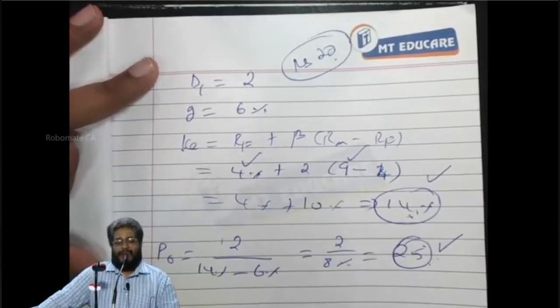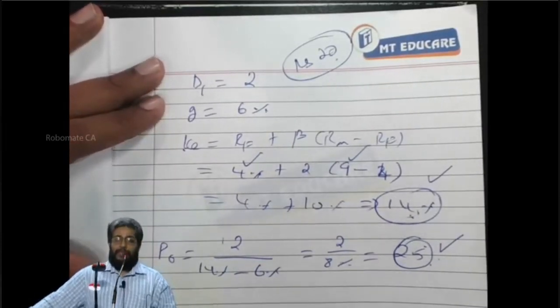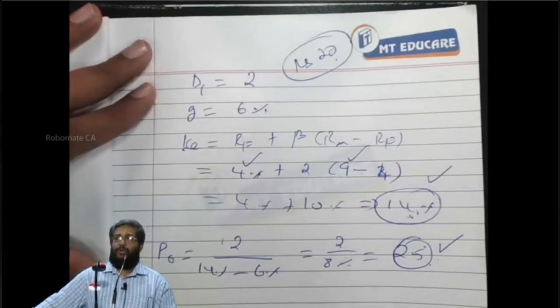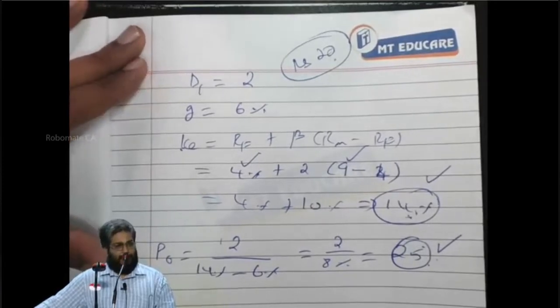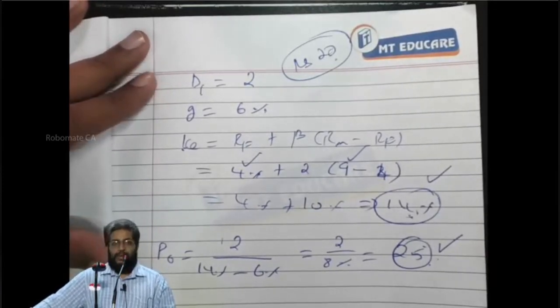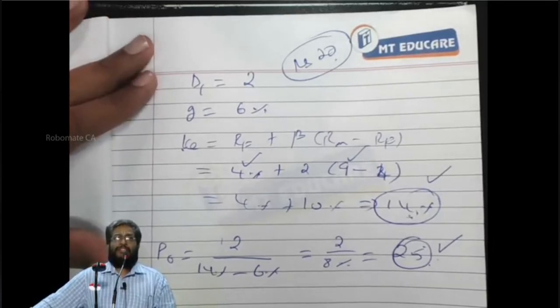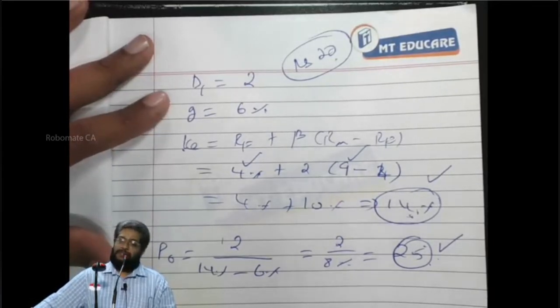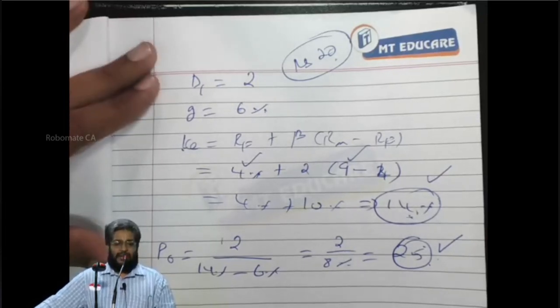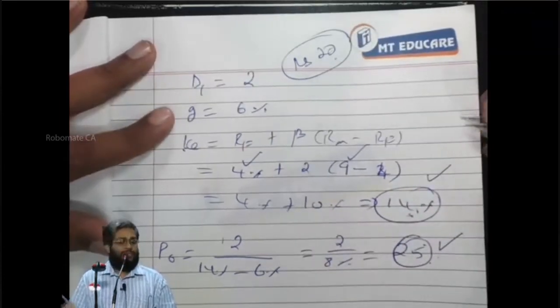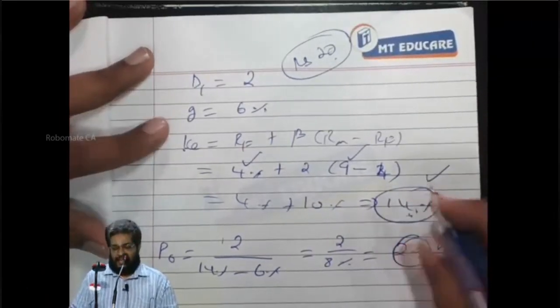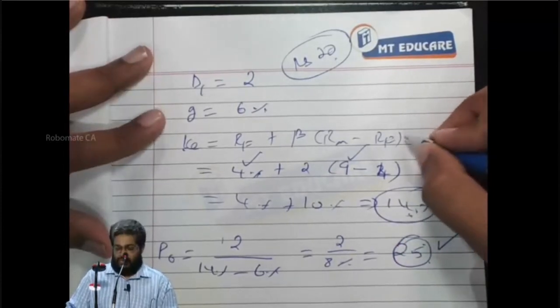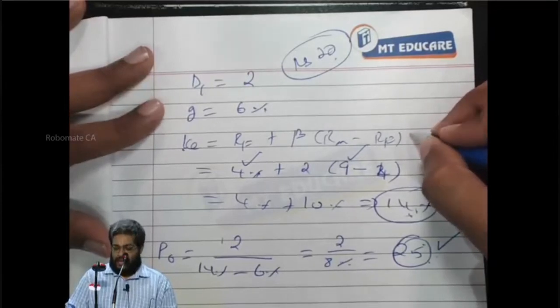Taking market portfolio as benchmark, the return we should require from the security is, by the equation, K is equal to RF plus beta into RM minus RF.